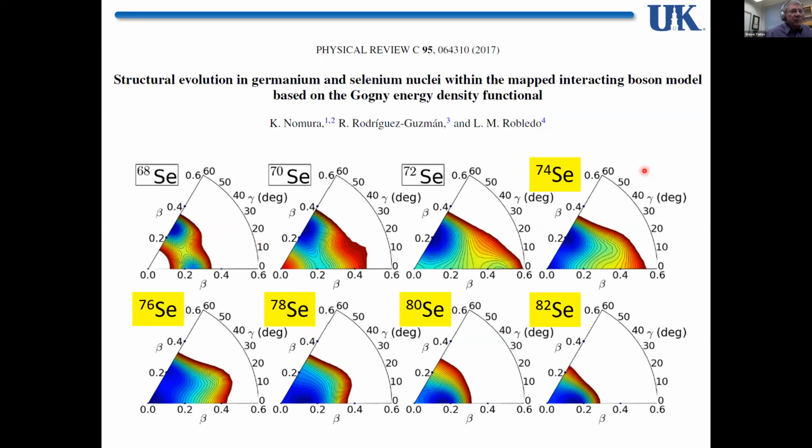Similarly, for the selenium nuclei, they've done calculations, and they get selenium-74 going from oblate. By the time you get to selenium-72, it's prolate. So there are changes in deformation here, and it's interesting how this is going to affect the neutrinoless double beta decay rate.